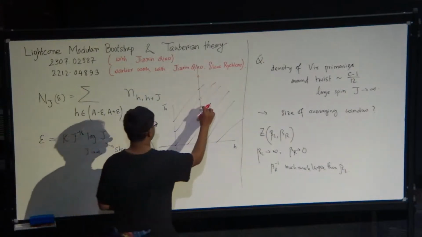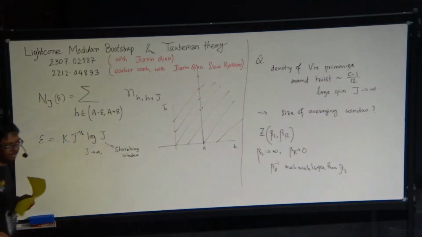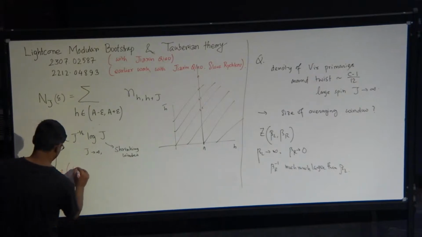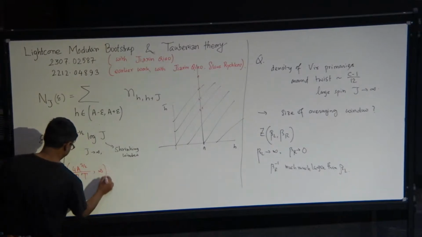And the size of the window becomes smaller and smaller, like J to the power minus half log J, with some value of kappa. And kappa also has a constraint: kappa has to be in this interval, from 3 over 2π times t, to infinity.